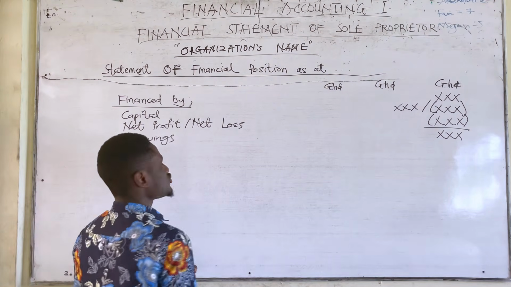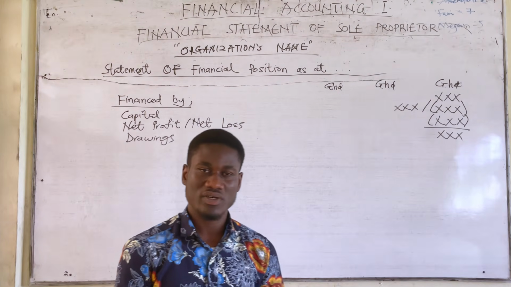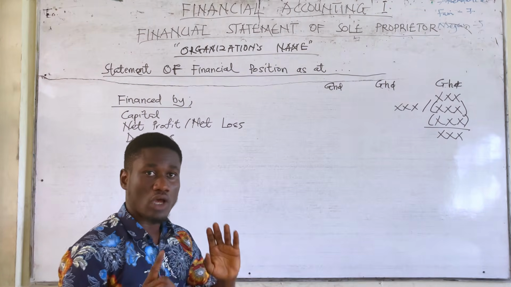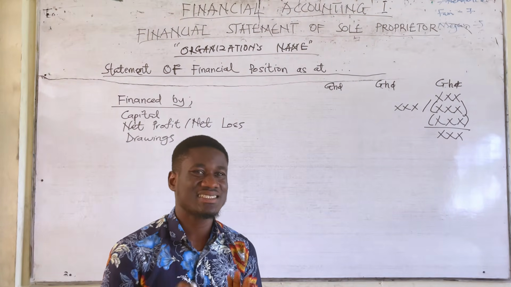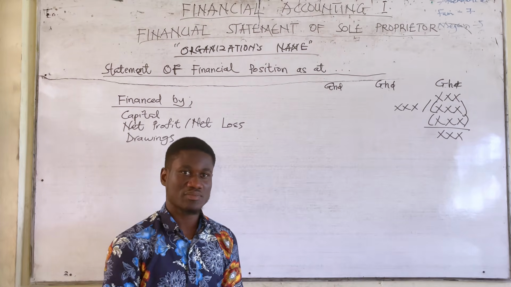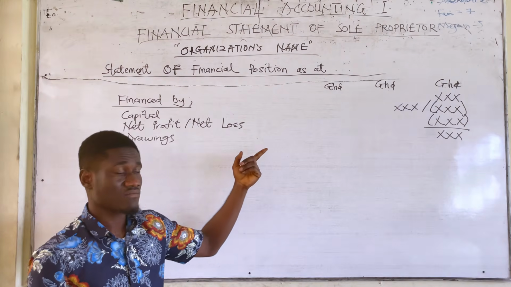Do you get it? The drawings here consist of the cash drawings and the goods drawings. Note, if the goods drawings was in the trial balance, fine, treat it under the profit and loss account or the income statement. That means you just subtract it from the purchases. You get it?